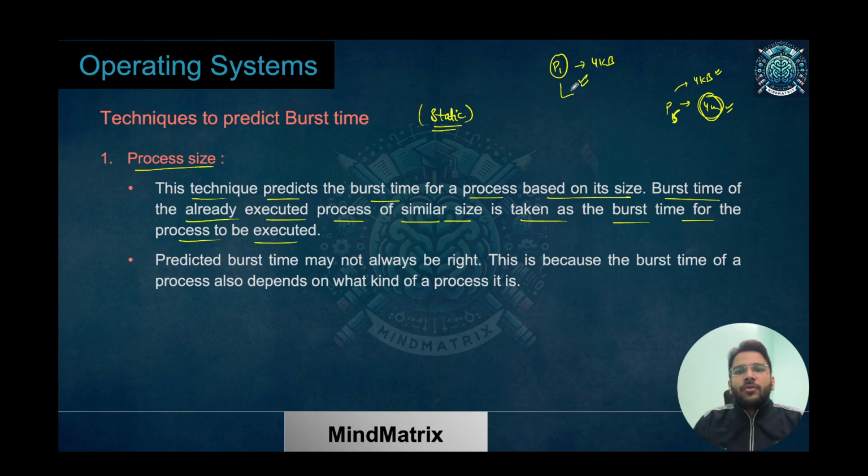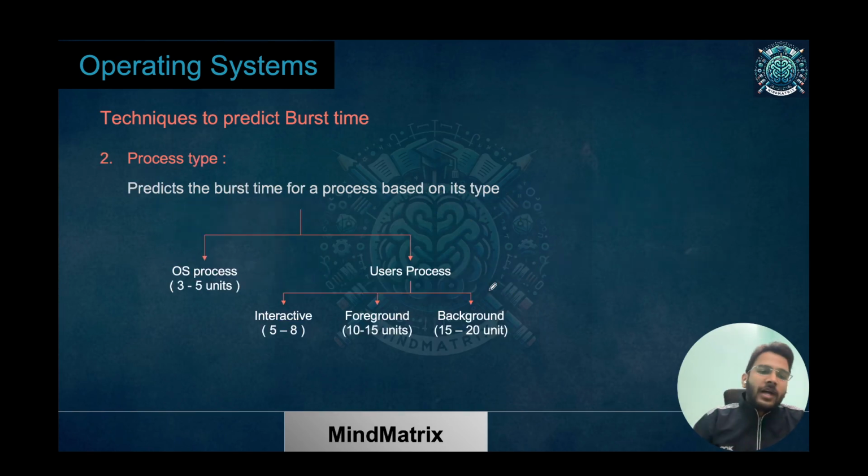So we are also going to predict that, okay, it is also going to take 4 units of time. This is very static, right? This cannot be true always. Predicted burst time may not always be right. This is because the burst time of a process also depends on what kind of process it is. So for that, we have the second one, which is process type. This is also a static technique.